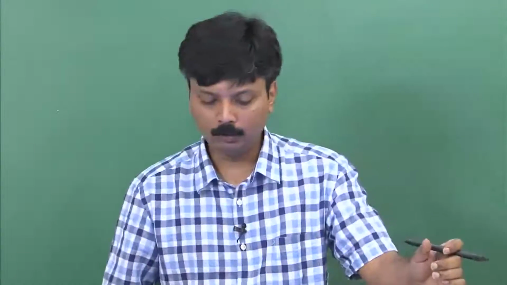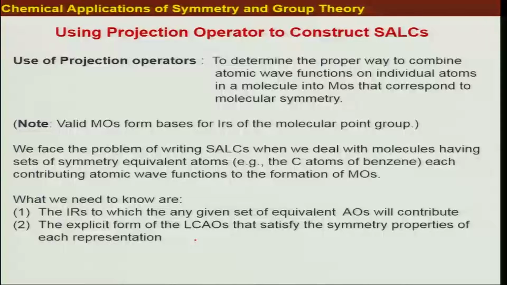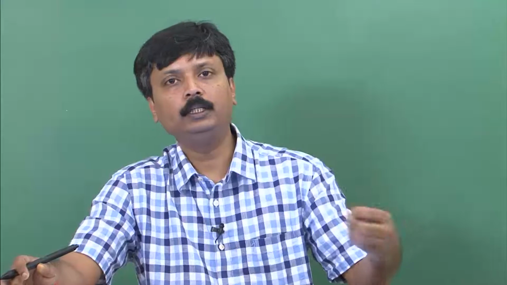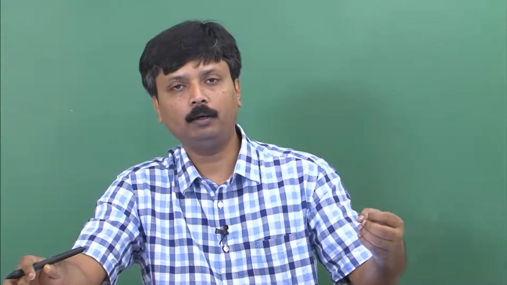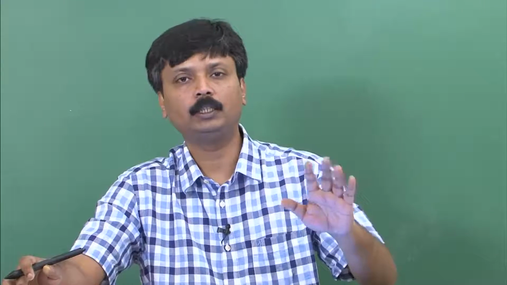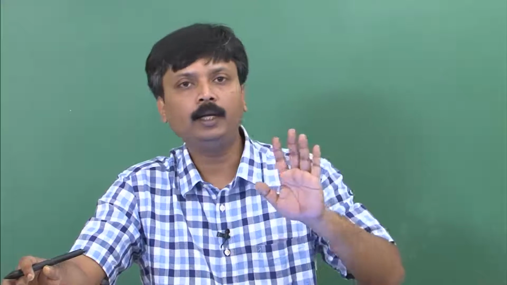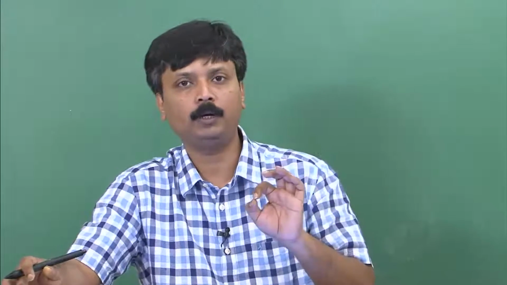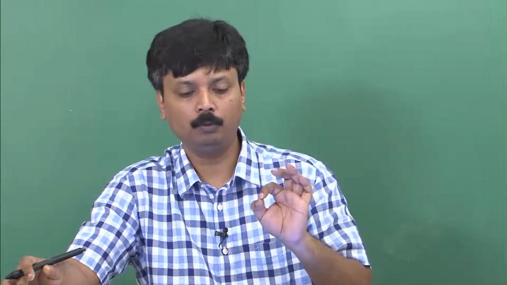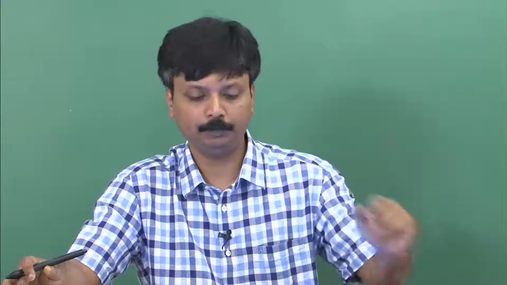All right. So now let's get into the real business. That is, how do we use these projection operators, particularly to form the SALCs. So by now we know the actual use of the projection operator, right? We used some arbitrary function and all, but that must have by now given you a clear hint of what this projection operator can actually do in real chemistry.